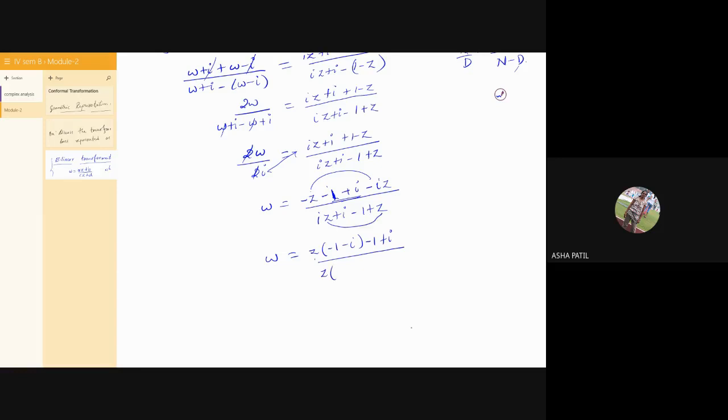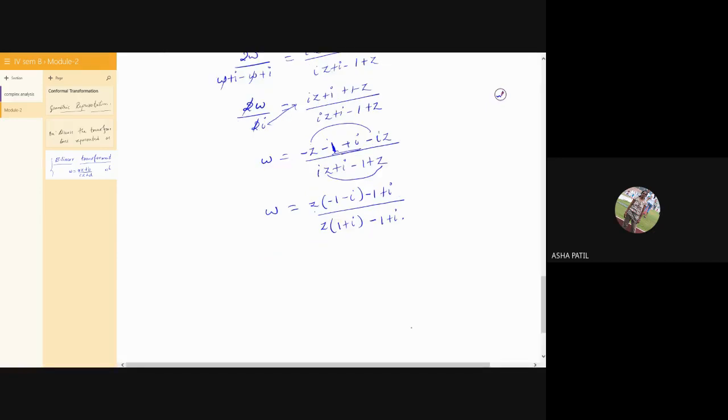So Z into 1 plus I, then the remaining terms, minus 1 plus I. So this we can write as W. This is the mapping where you have got AZ plus B divided by CZ plus D.